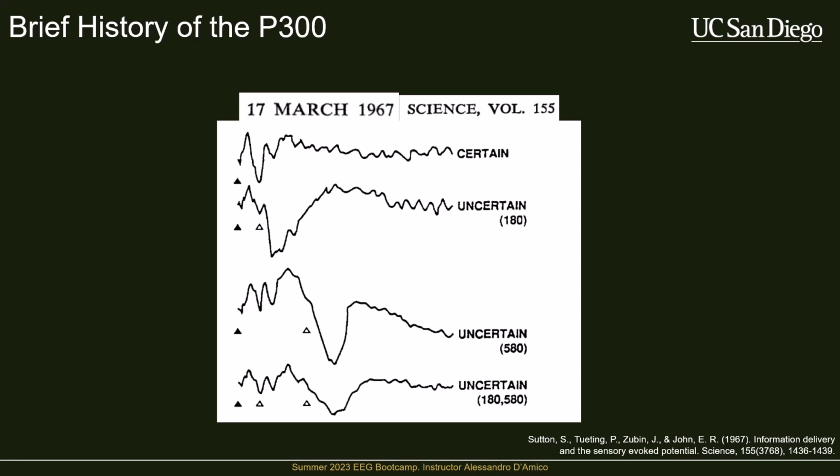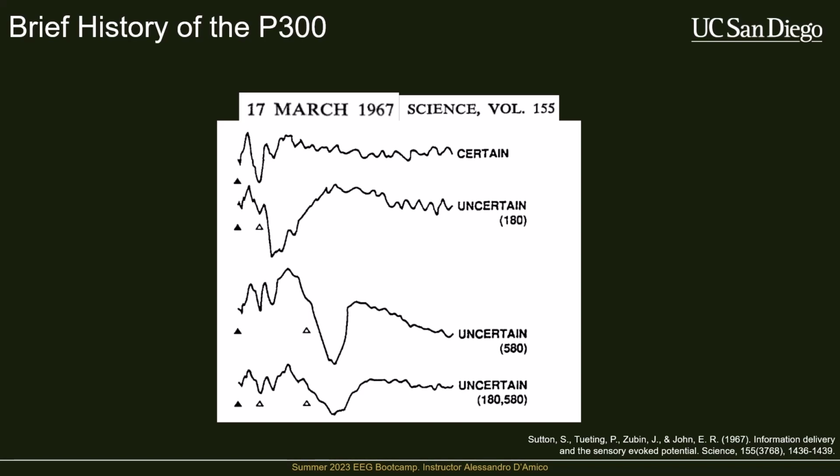And the same exact thing was true with the case of the 500 millisecond delay. So when you had the 500 millisecond delay, you'd hear the first click, you'd wait 500 milliseconds, and then 300 milliseconds after that, you'd see a P300.